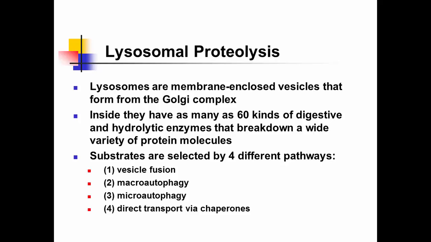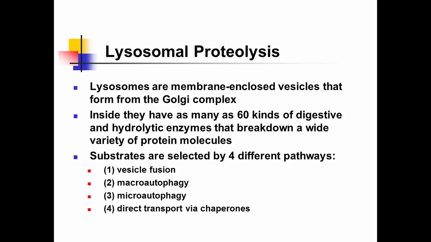And the substrates that can be selected by lysosome degradation actually have four different pathways. It means that the protein first of all needs to be engulfed and embedded in a specific membrane system, for example, vesicle fusion.